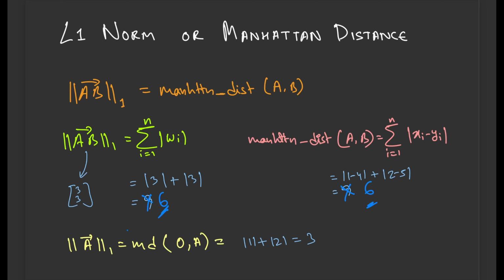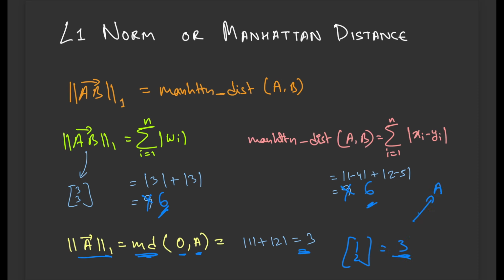We can also calculate the L1 norm of this vector A, right? Which is originating from origin, basically from the 0, 0 coordinate. So L1 norm of this vector A is the Manhattan distance between origin and A, which is equal to absolute value of 1 plus absolute value of 2, that is 3. Right? The coordinate for A is 1, 2. So if you take the absolute value of each of the components, you get the Manhattan distance.